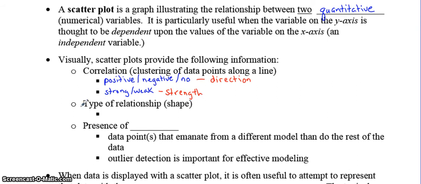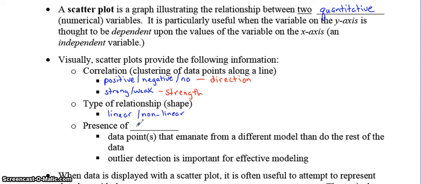As well as that, you also want to talk about the type of relationship. For instance, is it linear? Or is it nonlinear? Nonlinear relationships could be quadratic, exponential, logarithmic, if you've taken advanced functions. But in this course, we're really just going to stick to, is it linear or is it nonlinear?